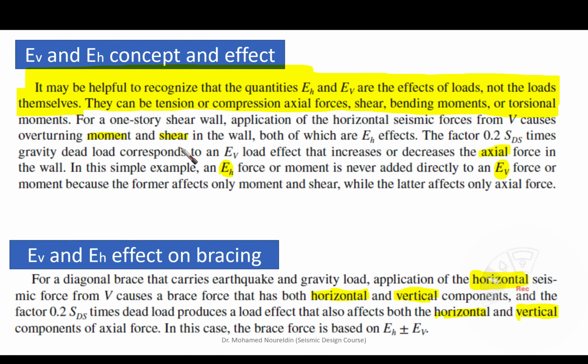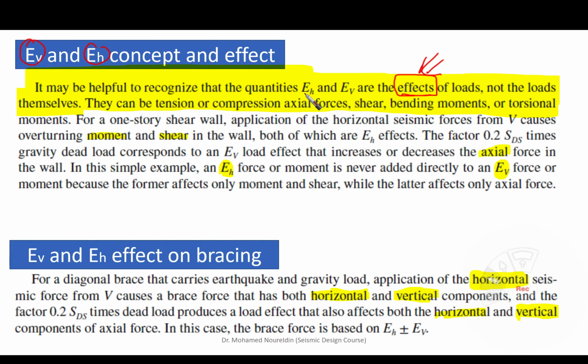Okay, so now what is the concept of the EV vertical and horizontal? It may be helpful to recognize that the quantities EH and EV are the effects of loads, not the loads themselves. This is a very important concept here. They are effects of loads, not the load itself.